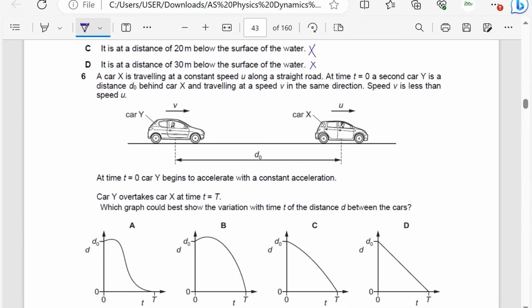A car X is traveling at a speed U along a straight road. At time t equals 0, a second car Y is a distance d naught behind car X, and traveling at speed v in the same direction. Speed v is less than speed u.